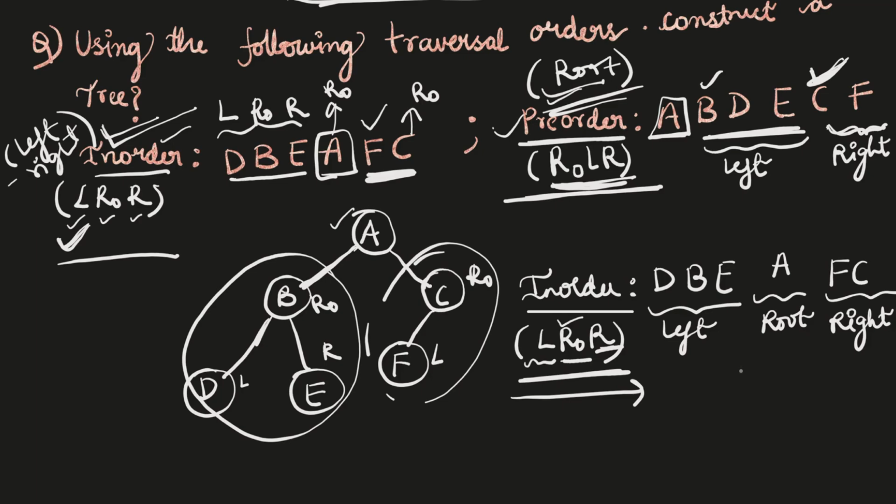Now check your in order traversal order with the question. It is D, B, E, A, F, C. It has matched. So your tree diagram is correct. So this is how you solve traversal problems, and it's very easy. Like you can construct a tree as well as you can create your orders.